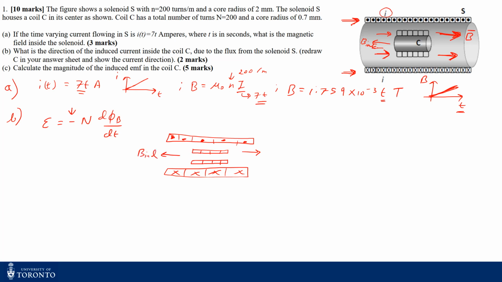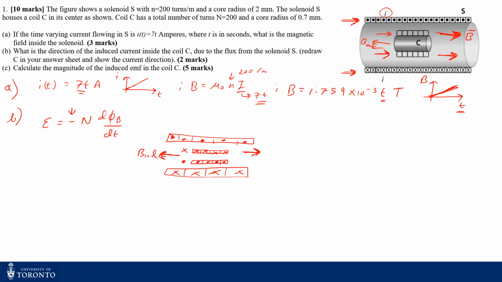If you apply the right hand grip rule, you'll see that the current direction for this left magnetic field should be oppositely flowing. So it will be cross here, dot here. That will give you an induced magnetic field direction such that it reduces this increasing change, and that's basically coming from Lenz's law.